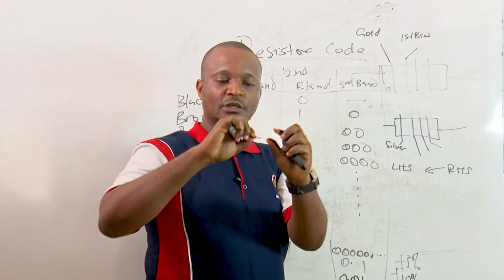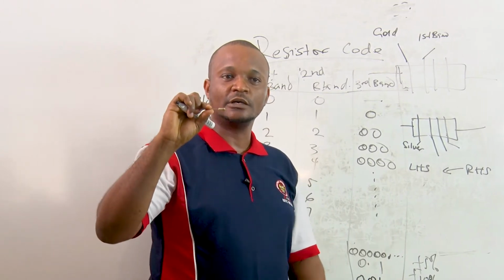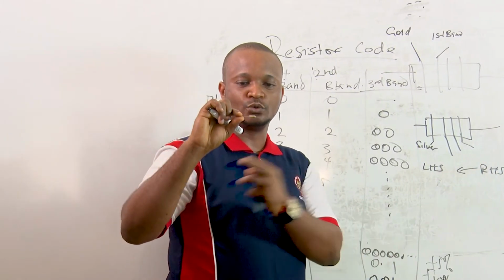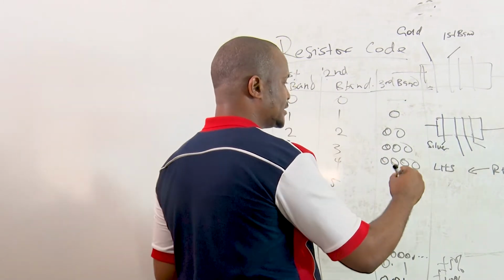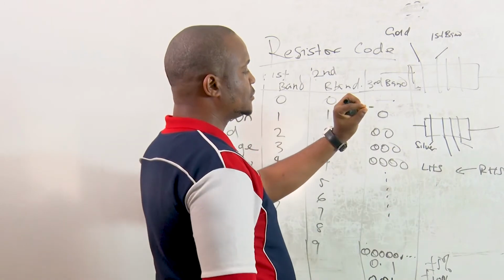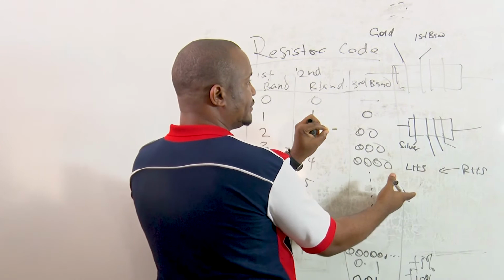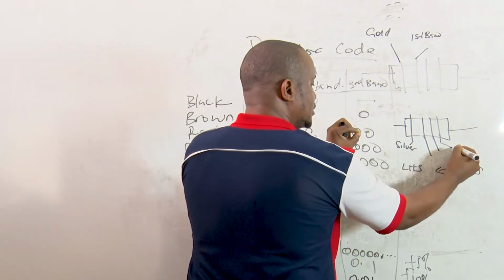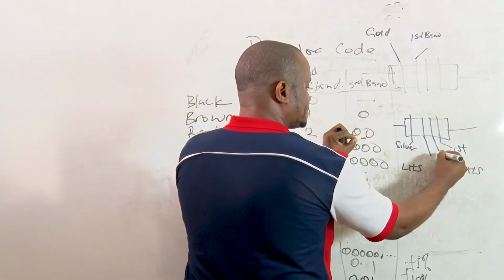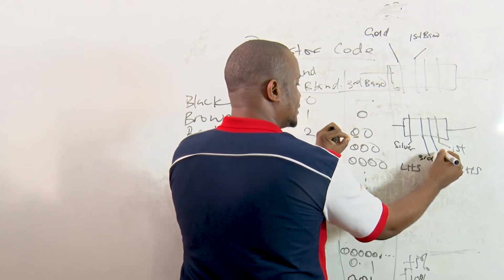If you turn it around and hold the banded end on the right hand, you can read from left hand side to the right hand side. I am holding this banded end on my left, so it means I'm going to read from my right hand side to my left hand side. So this is my first band in that case, the second band, and the third band.